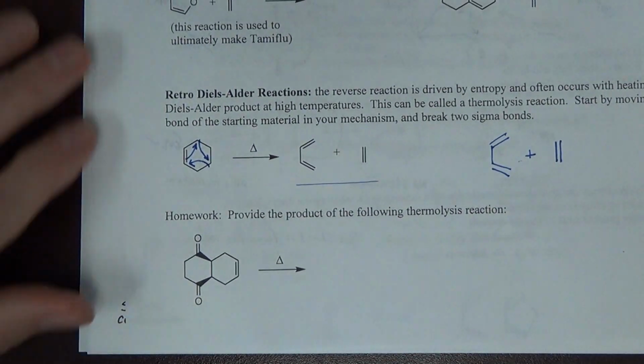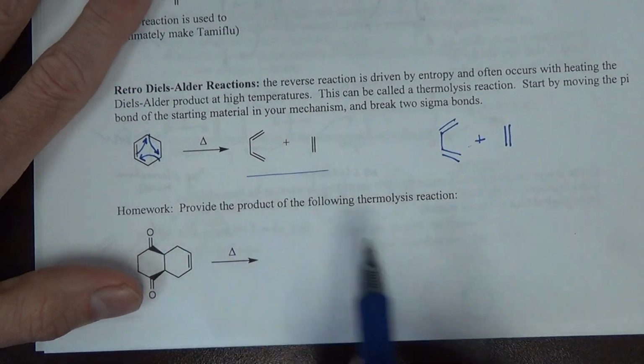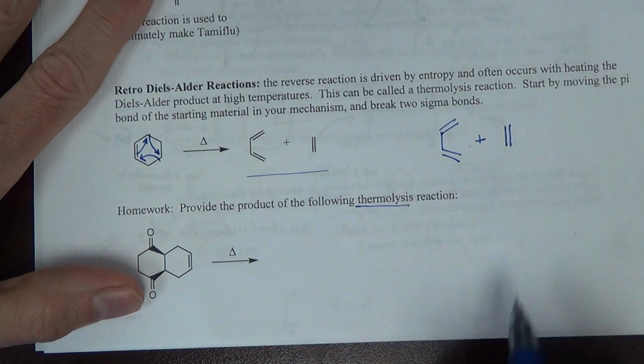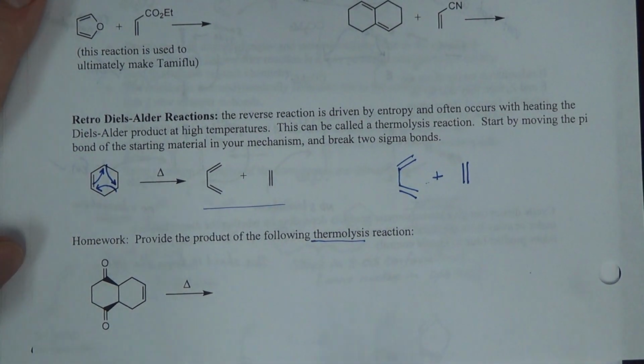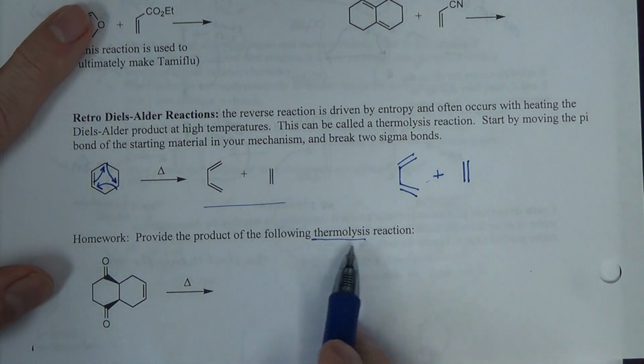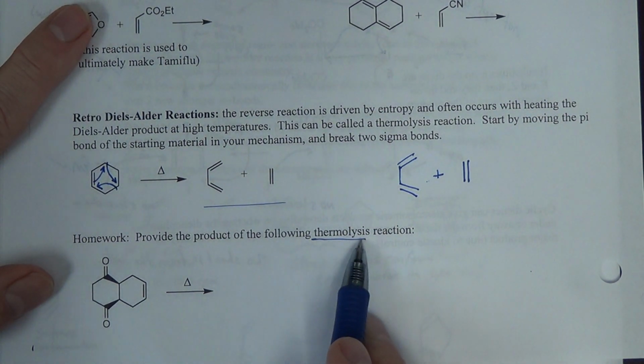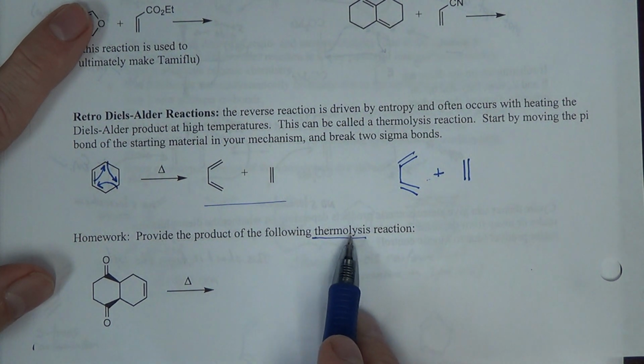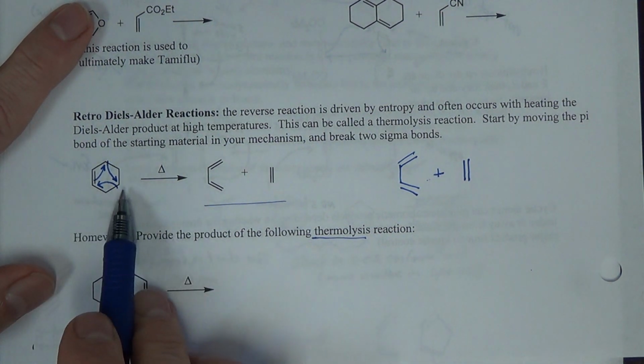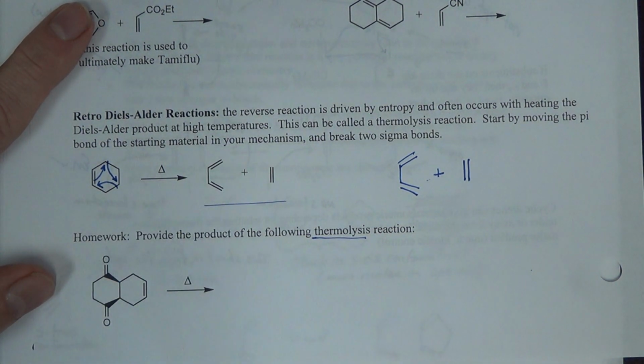Now, when you heat reactions, that's often called a thermolysis reaction. Therm would be heat. Lysis meaning break apart or cleave. We're cleaving something by heating, so this can be called a thermolysis reaction.